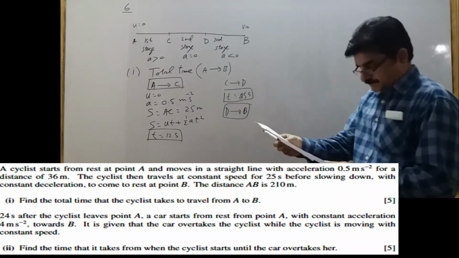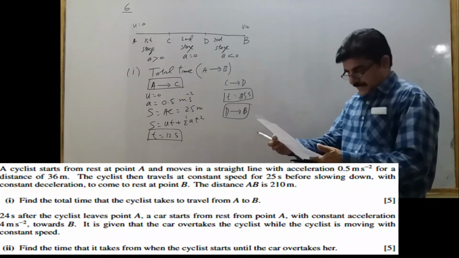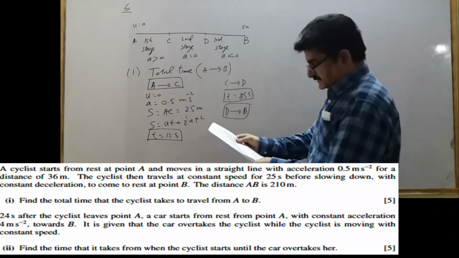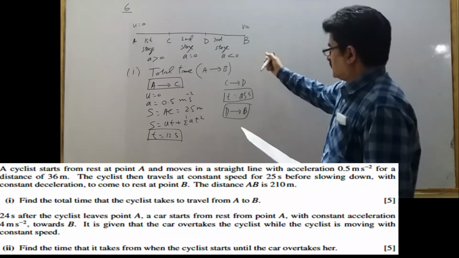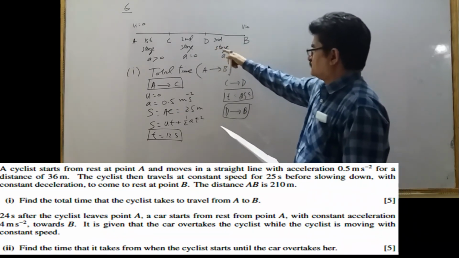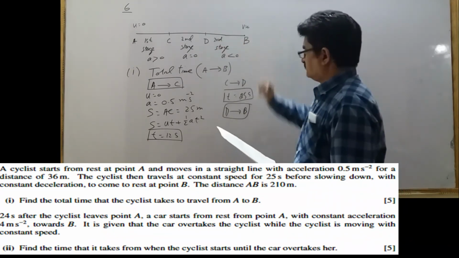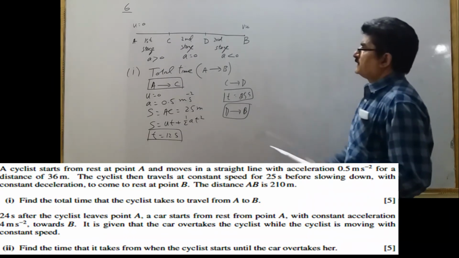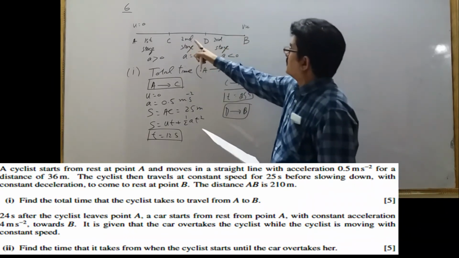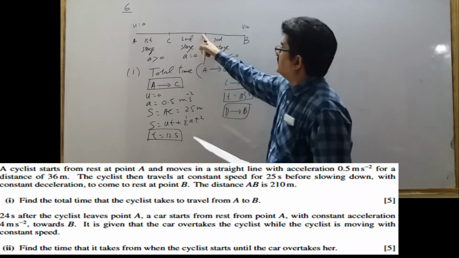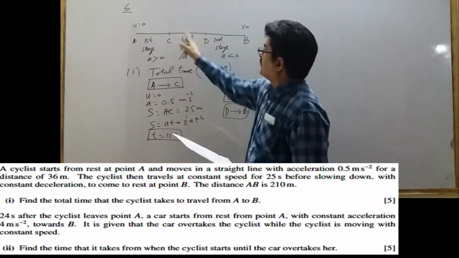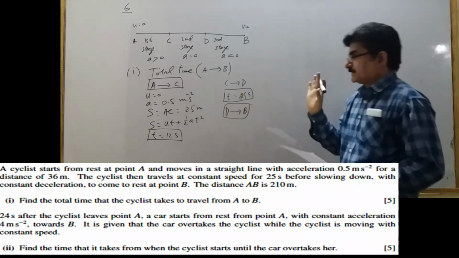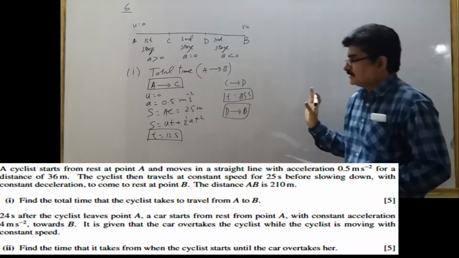To find this time, firstly we see that we are not given the values from D to B, but we can find the speed at D, because in the second stage the velocity remains constant, acceleration is 0.